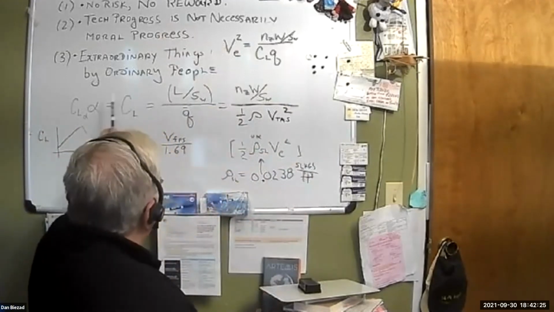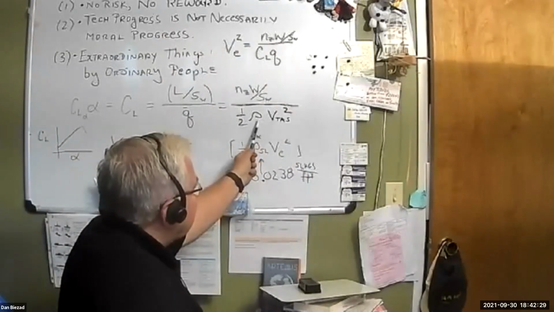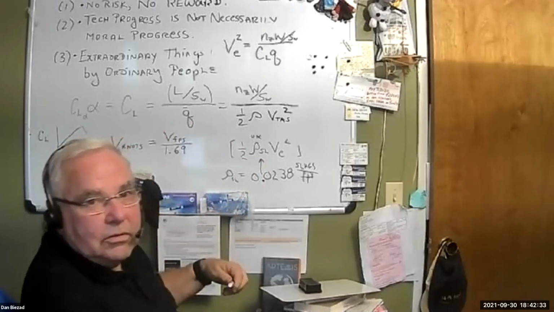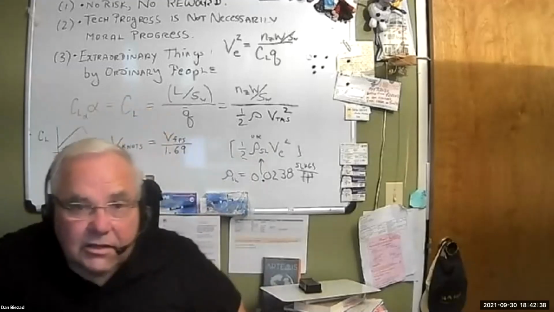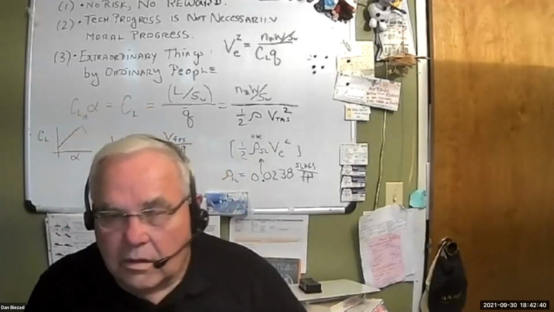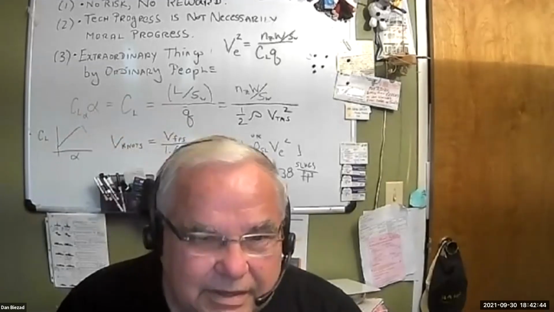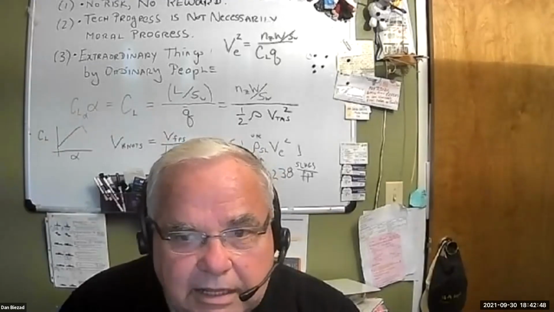And if this CL is going to stay the same, then this has to go up. This gets smaller, that has to get bigger to keep this number the same. So the stall speed at 5,000 feet is going to be faster than the stall speed at ground level. Okay. Yeah, that makes sense. Yeah, that's how you would reason that through.